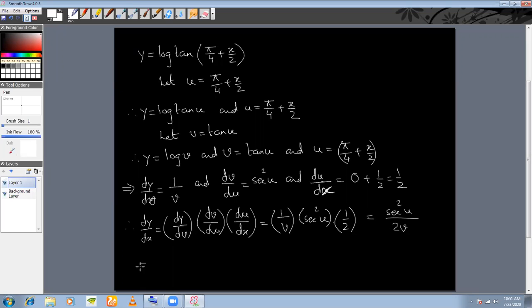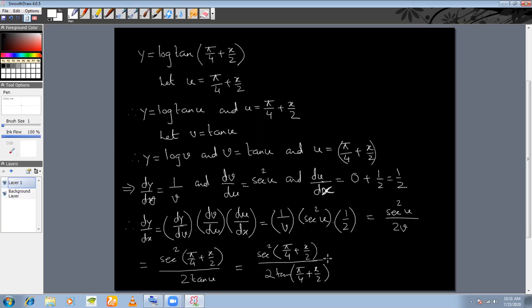Now put back the values. u is pi by 4 plus x by 2, so it is sec square (pi by 4 plus x by 2) divided by 2v tan u. Now what is u? u is pi by 4 plus x by 2. Okay, 2 tan (pi by 4 plus x by 2).